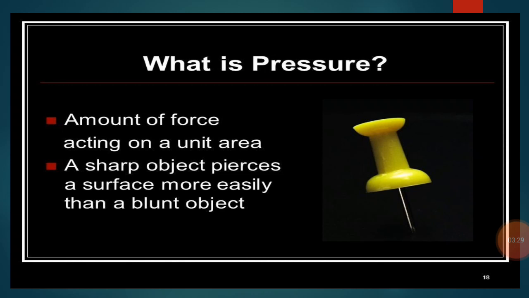Thus the effect of the force depends on the area of the object on which it acts. So we can define it like this: pressure is the force acting on a unit area of an object.